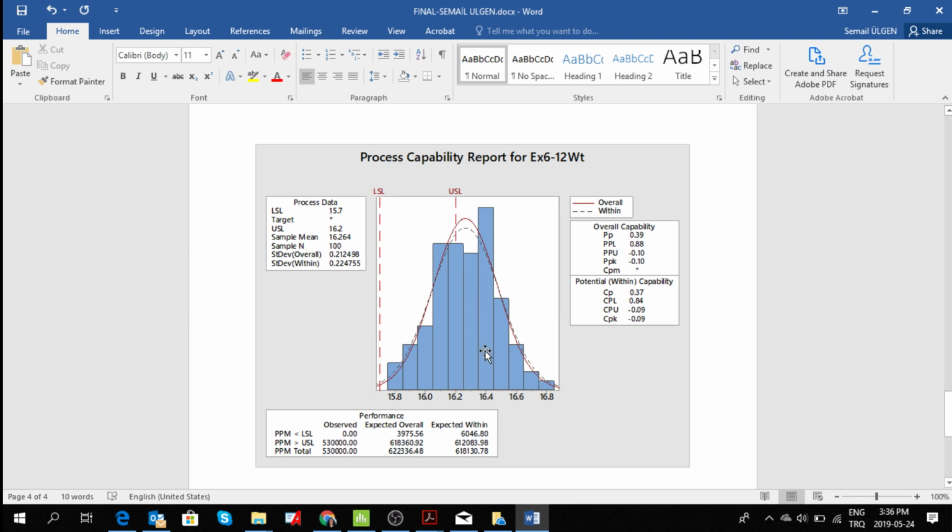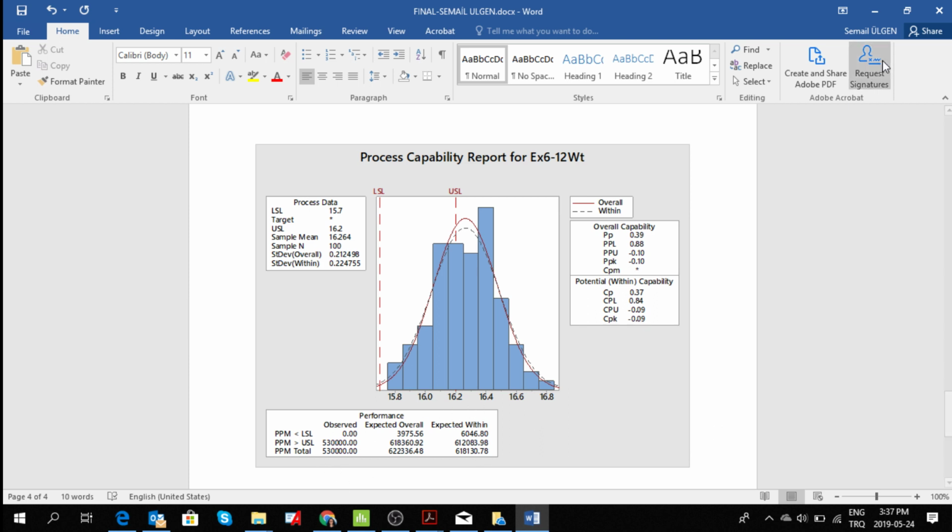Since Cp is less than 1, there are a lot of non-conformities. So we have Cp 0.37 computed here, and it's less than 1. This result is going to be just a little bit different than what we find. It's normal.